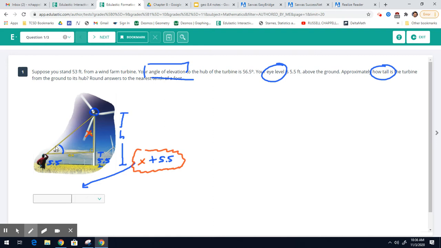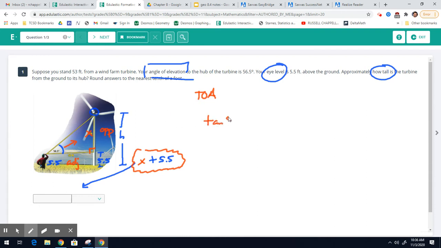So how do we use trig? Well, here's our angle. What are our 3 sides? So from this angle, X is the opposite. This is the right angle. They do not give us the hypotenuse, but they do give us the adjacent, 53. Which of your trig ratios involves opposite and adjacent? That's going to be TOA. This is a tangent problem.